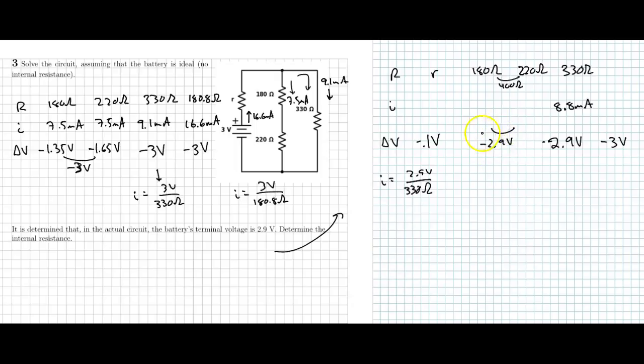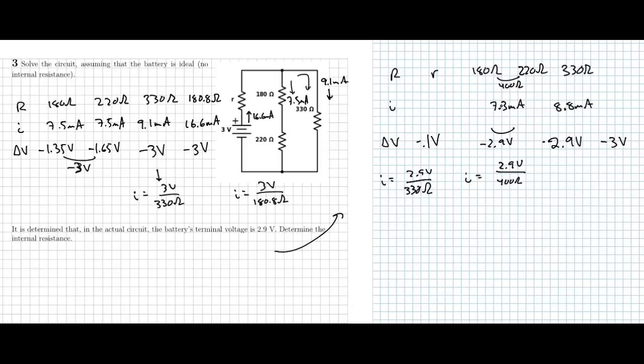I don't know how much I lose across each one, but the total will be 2.9 volts because I'm 2.9 volts across the whole battery, so it must be minus 2.9 volts across this branch. I don't really care how much is in either, but this will let me calculate that total. This is 2.9 volts over 400 ohms, and that will give me 7.3 milliamps.